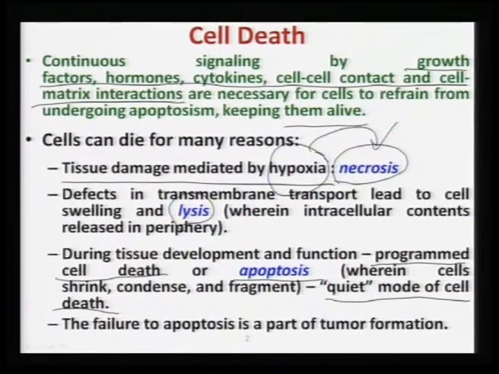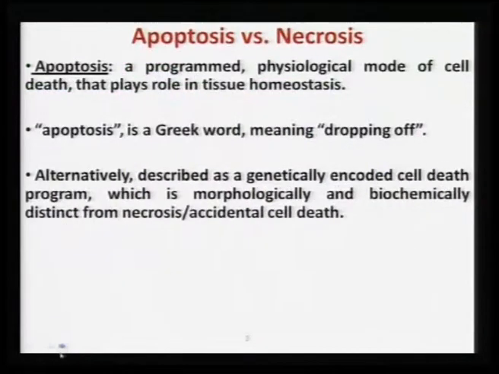Many times, if a cell does not undergo apoptosis, then what will happen? A number of these cells can cause a tumor locally at that particular infected place. Now, apoptosis, like many scientific words, is of Greek origin. This Greek word, apoptosis, means dropping off. Dropping off means, in a particular season you might have seen that all the trees have their leaves dropped off, right.